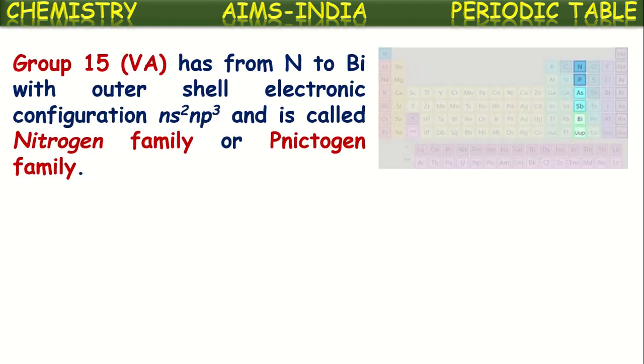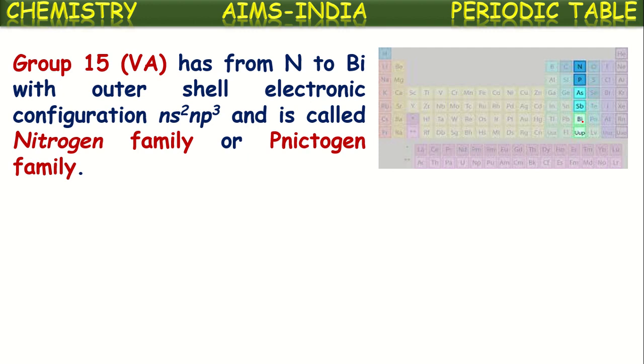Next, the 15th group or 5th A group elements. What are those? Nitrogen, phosphorus, arsenic, antimony and bismuth. These elements have the outer shell electronic configuration ns2 np3, and they are called the nitrogen family, after the starting element.